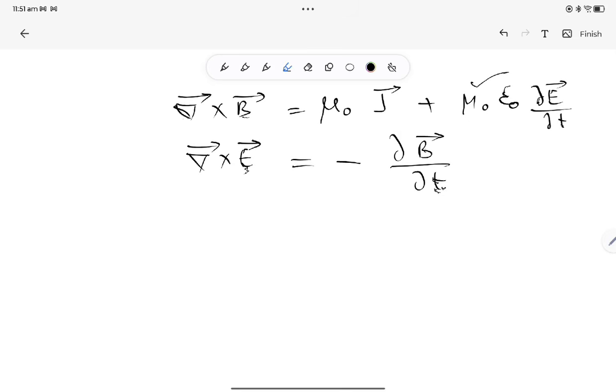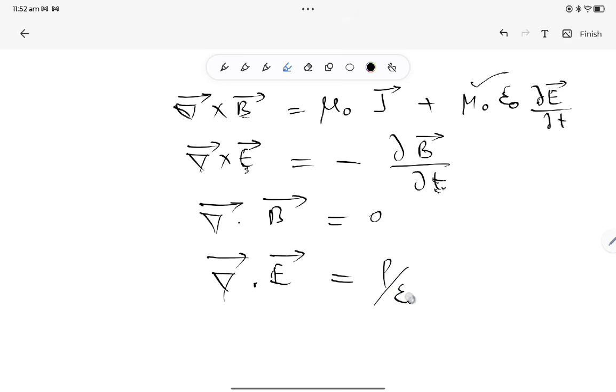So these are Maxwell's four equations. This is the fourth, this is third, this is second, del dot B, that is 0, and this is the first, del dot E, that is rho by epsilon naught.